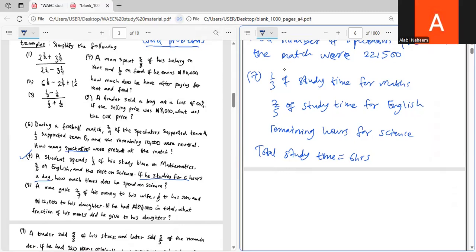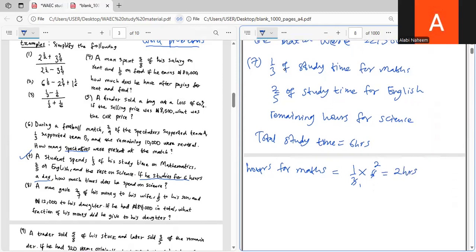So the hours for mathematics equals 1 over 3 of his study time, which is 6 hours. 1 over 3 times 6. 3 divided by 3 is 1, and 6 divided by 3 is 2. 1 times 2 is 2. So he dedicates 2 hours for mathematics.